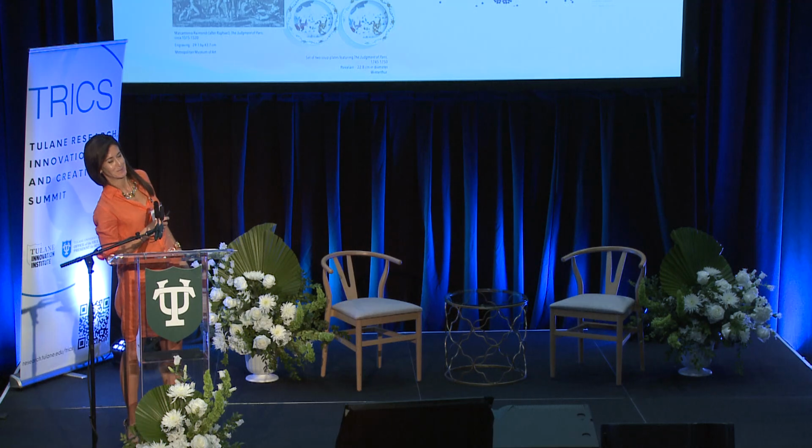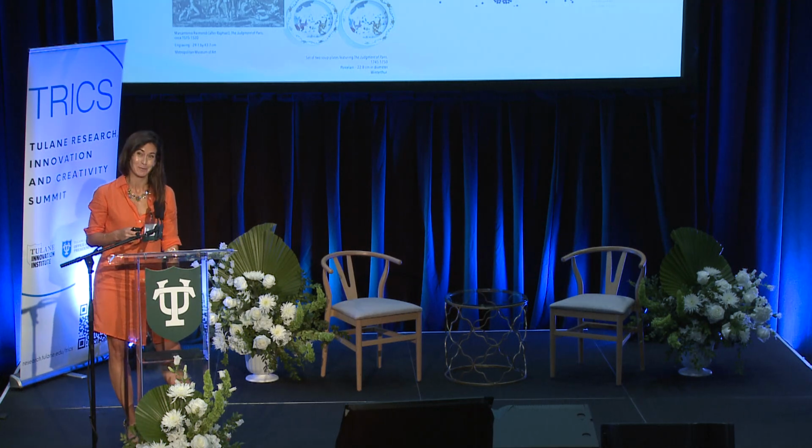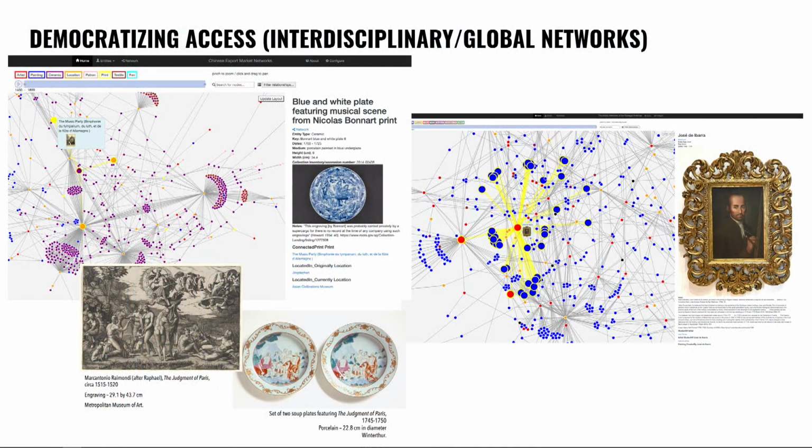We can see at the bottom a print, the text is very small, I apologize, a print by Marc-Antoine Raimondi entitled The Judgment of Paris. We see it translated next door into a porcelain service created in China. You can see the central motif from the narrative there. And I had to share this one because Marc-Antoine Raimondi's print was conveniently created in collaboration with Raphael. Not that all roads lead back to Raphael, but it shows that kind of lineage emerging.